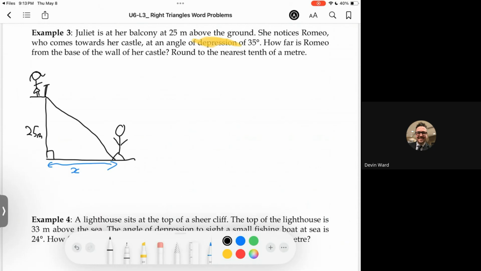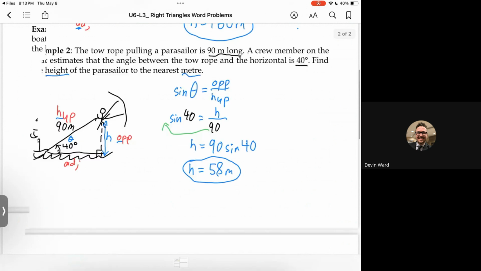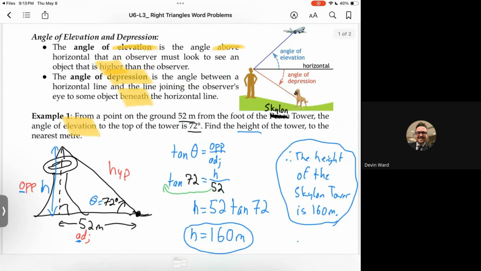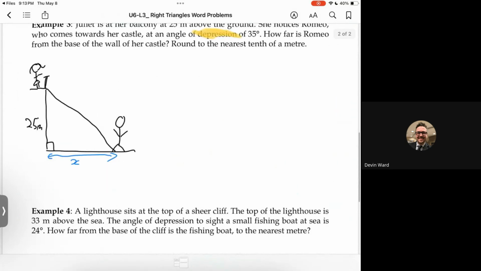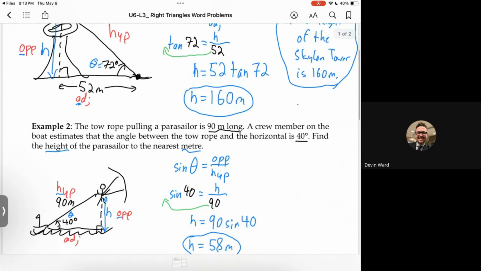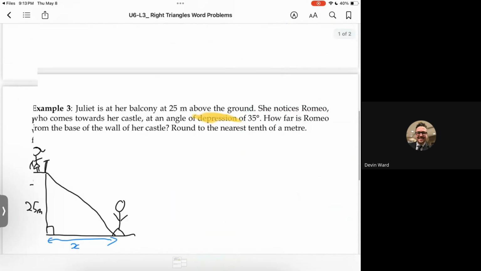Now, angle of depression. We make the triangle, and you're going to want to put 35 degrees in here. But that's not right, okay? Because remember what I just said, that the angle of depression starts on the horizon and then comes down. For elevation it's easy because I'm already kind of drawing the horizon here and going out from there.